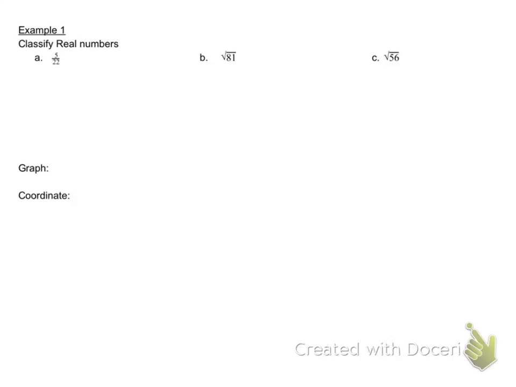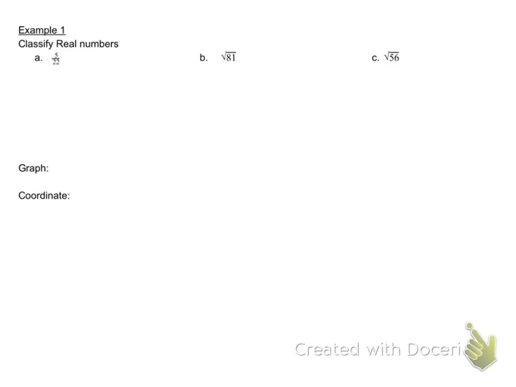So I want to see all of those. And the square root of 56, is that nice or not so nice? Not so nice, right? It's not a perfect square. So therefore it's irrational. I didn't write those down because we got our homework and we talked about those yesterday.